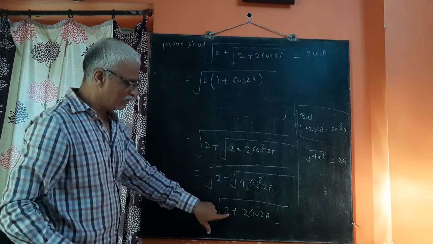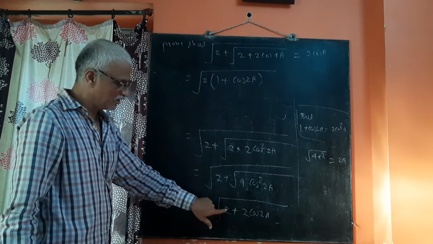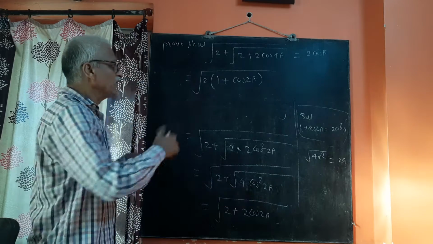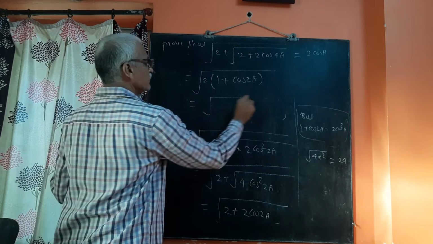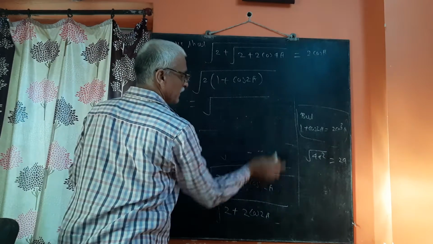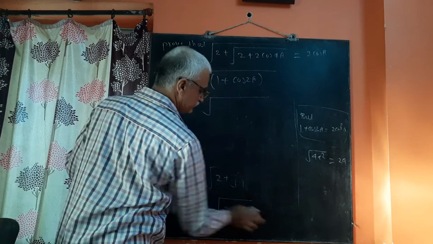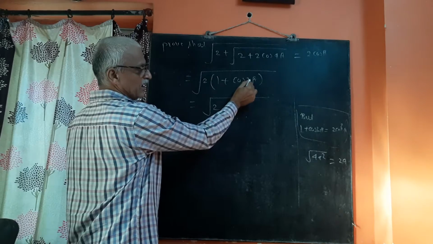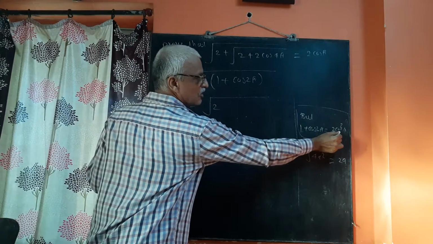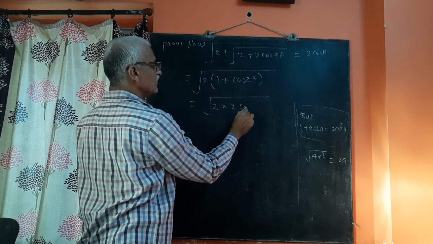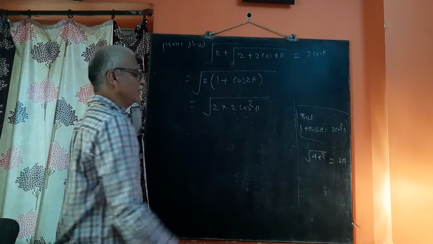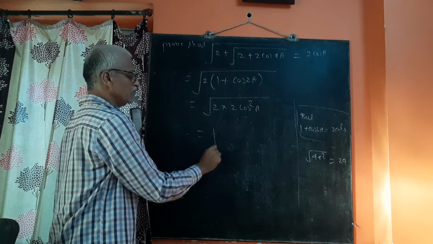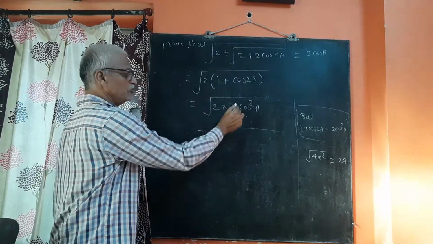So it equals the square root of 2 into 1 plus cos 2a. Again 1 plus cos 2a is 2 cos square a. So into 2 cos square a, which equals the square root of 2 into 2, 4.